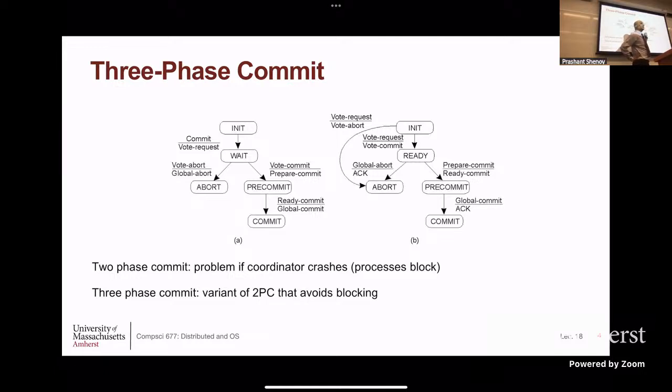If you find yourself in the ready state and everyone else is in the ready state, and the coordinator crashes, you can still make a transition to abort because the worst that will happen is someone else is in the pre-commit stage. And if you are in the pre-commit stage, then it's okay at that point to decide what to do, because you already know that that's the vote that was sent. So this is adding an extra step, and it is adding failure resilience. That's really the problem that 3-phase commit, or 3PC, solves over 2-phase commit.